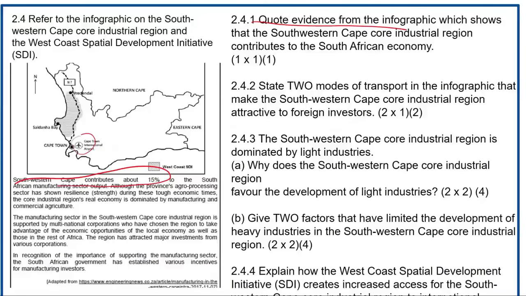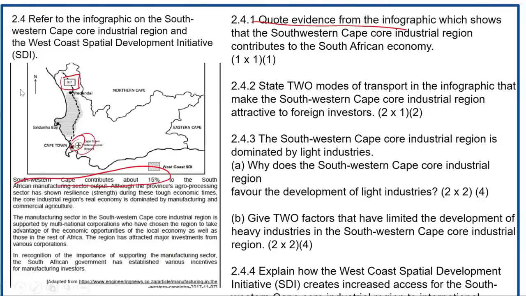So this is your SDI there. So you must limit it to the SDI here. What do you see there? You see the N7. N7 will be your road. Then what do you see there? You see the airport. And then what do you see there?